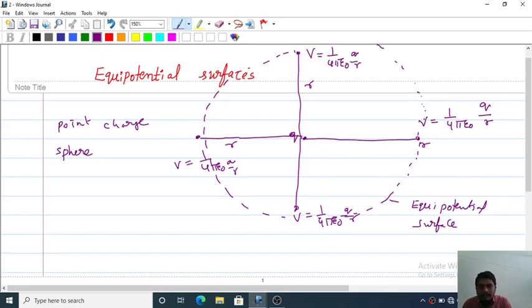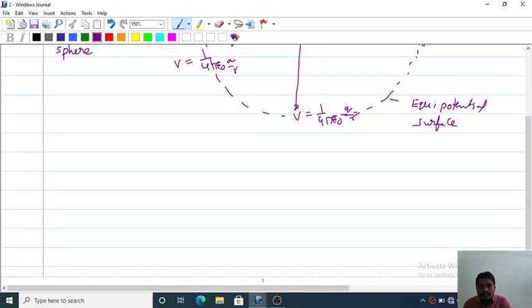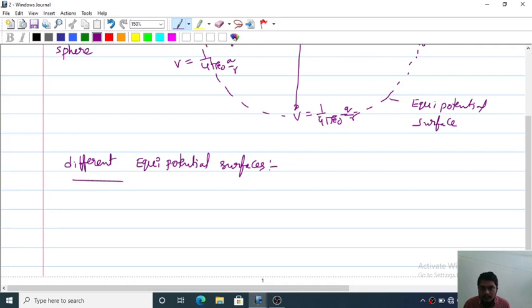For different charge configurations, we will see different equipotential surfaces. For a point charge q, the equipotential surface is a sphere.